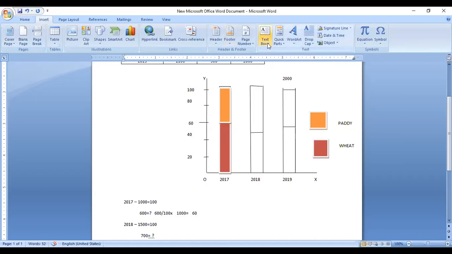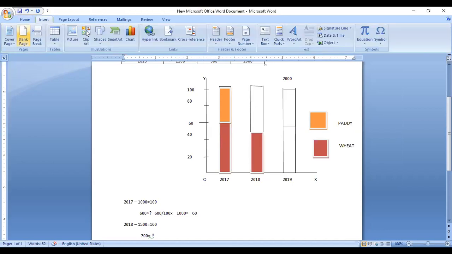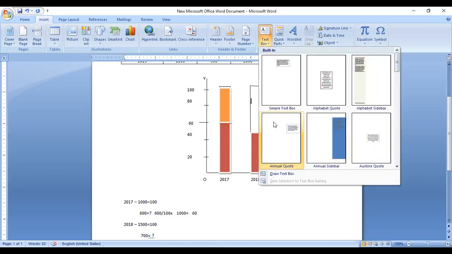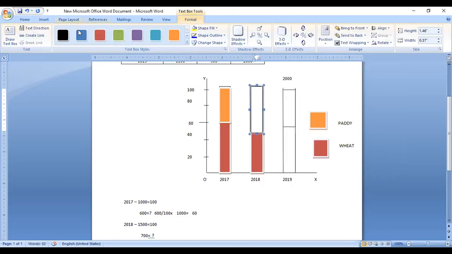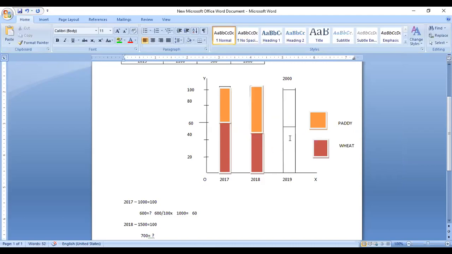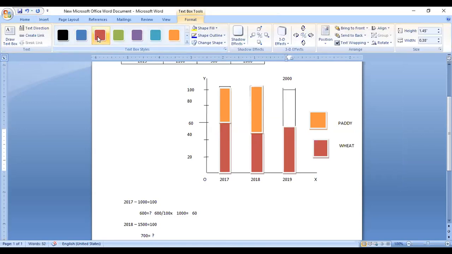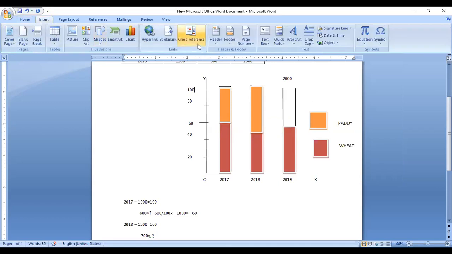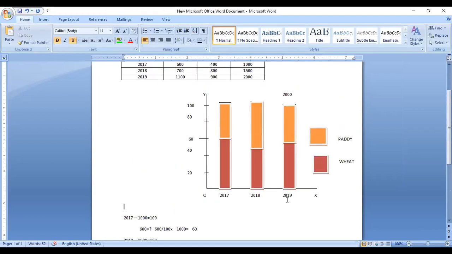Now, and the last one. So like this is percentage bar diagram.